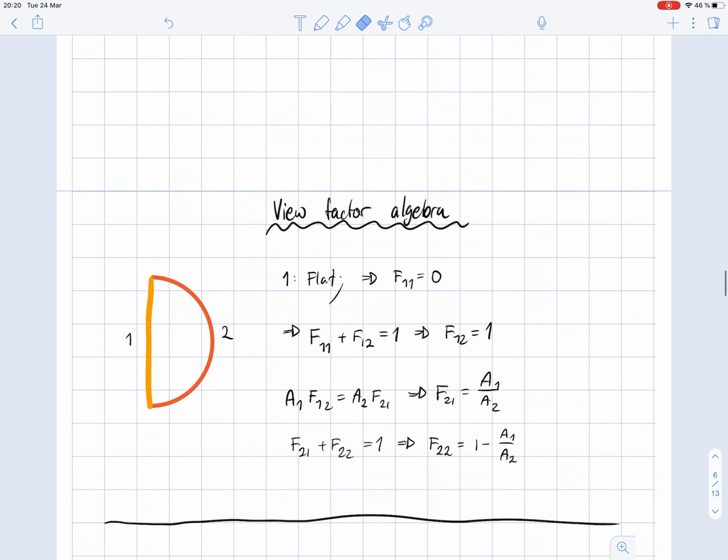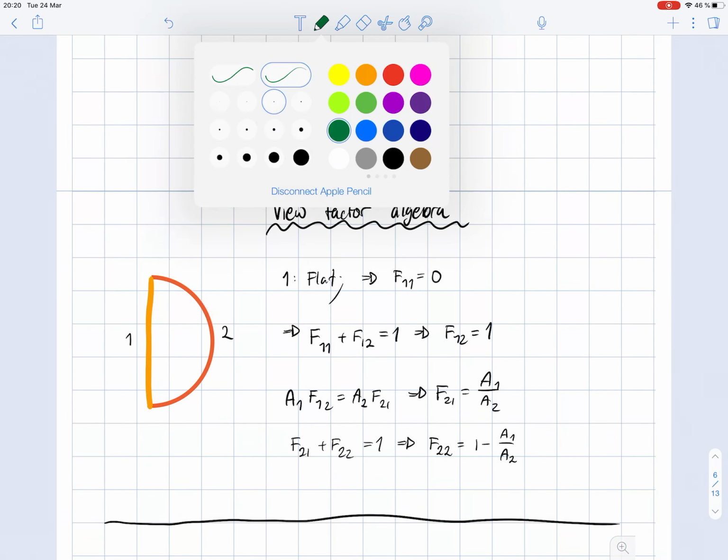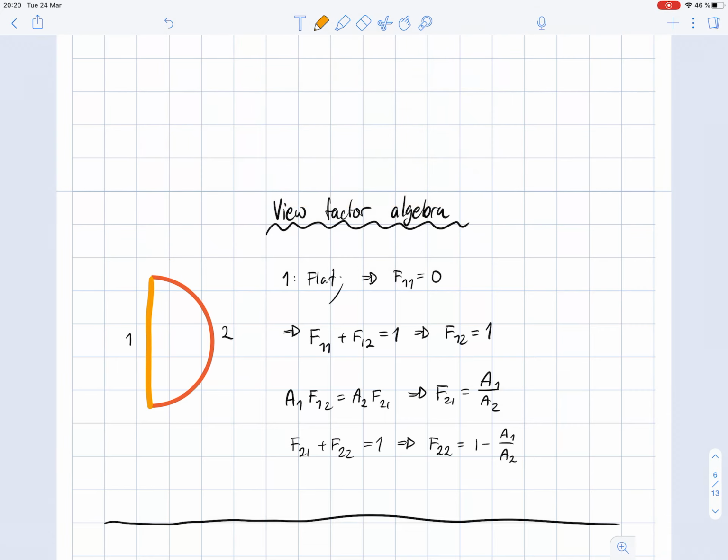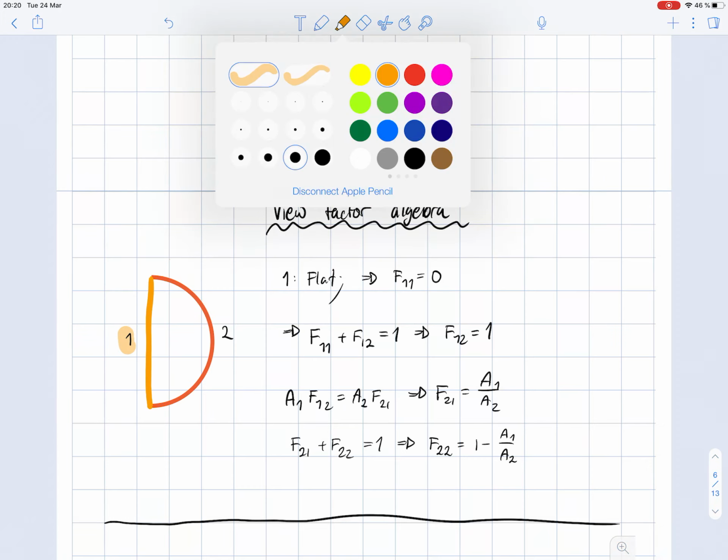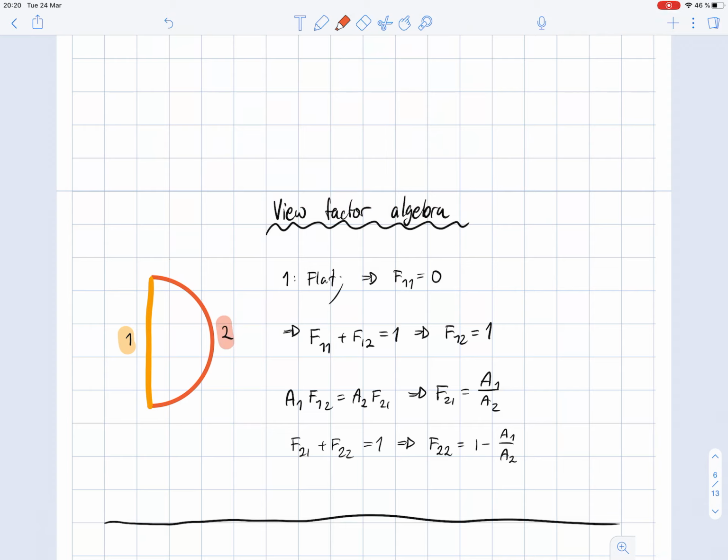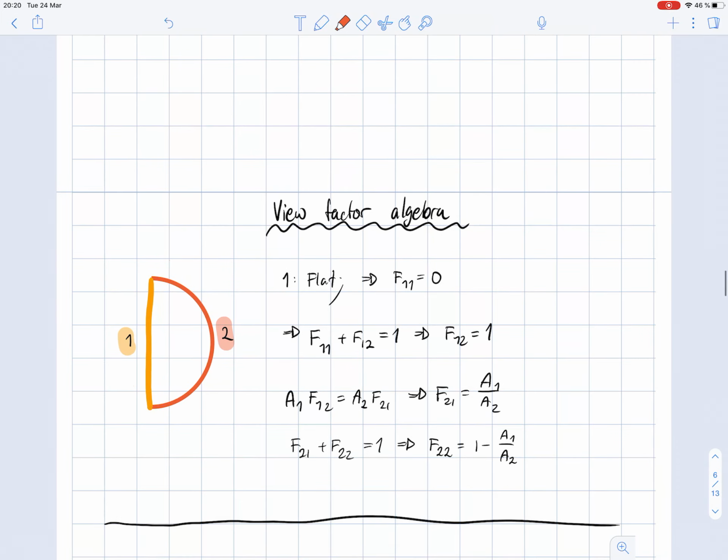We'll move on with an additional example, somewhat simpler perhaps, where surface number 1 is a flat wall like this, and surface number 2 is a half circle or a hemisphere, depending on whether you do it in 2D or 3D. Now again, surface number 1 is flat.